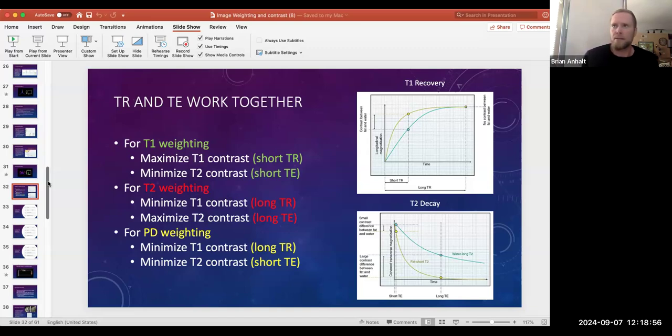What is the reason that water looks bright on a T2 weighted image?